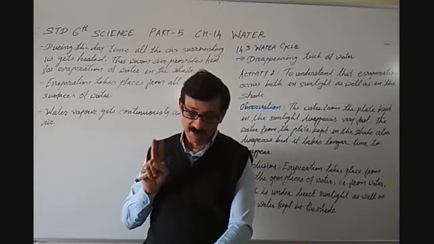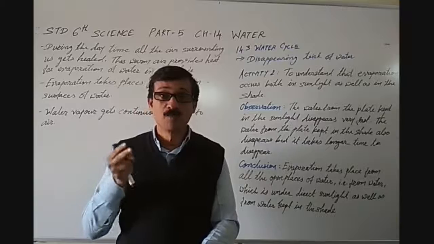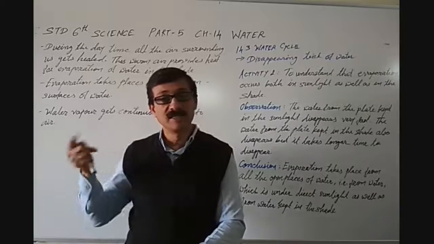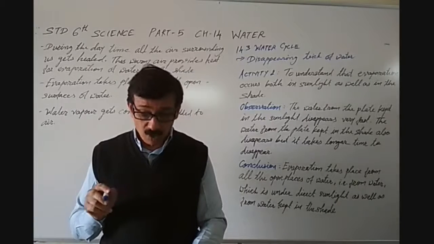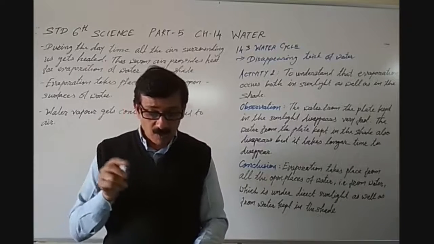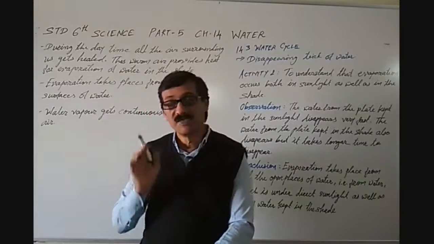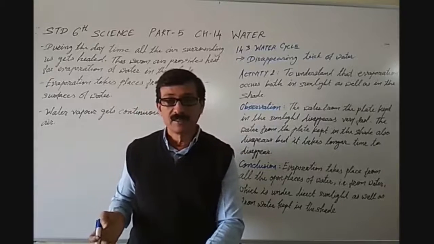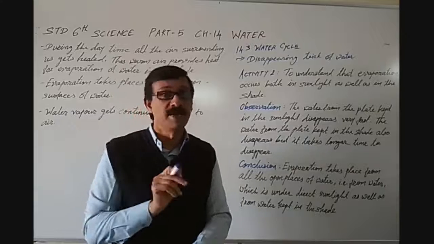Now pour an equal amount of water in each of the plates. See, one plate is in the sunlight, one plate is in the shade. Now pour an equal amount of water in both the plates.